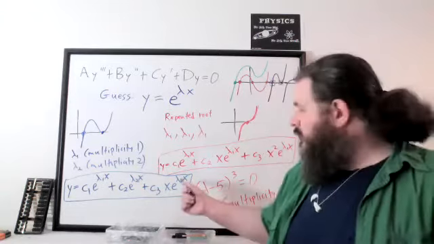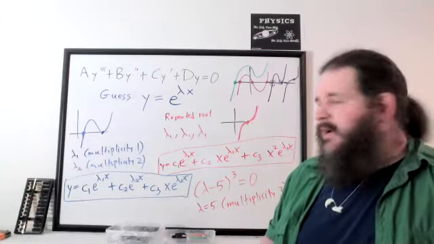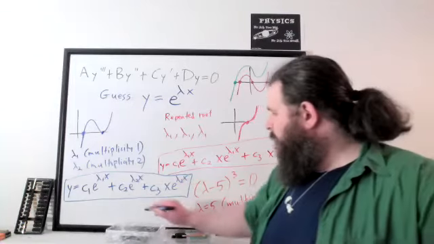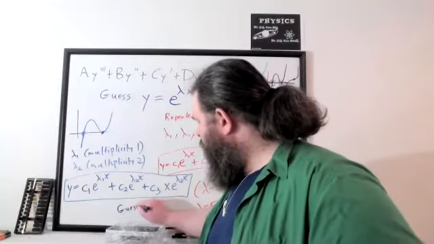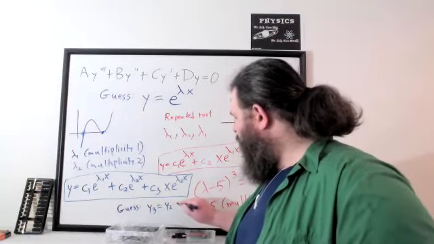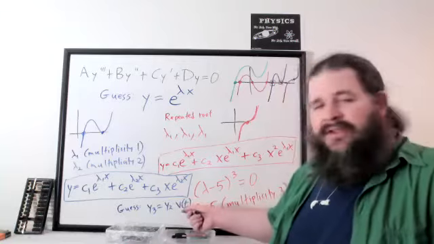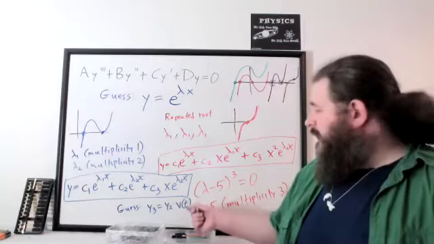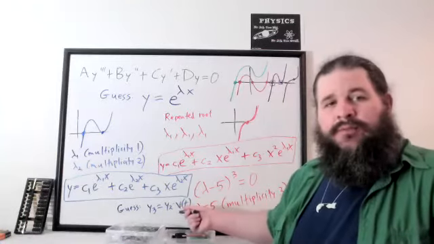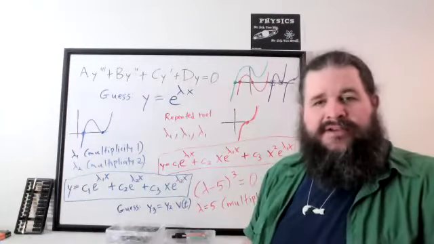So if you've got another solution and you don't know what it is, one way of finding that extra solution is by assuming that it is equal to the solution you already have times some unknown function. So you would guess, for instance, that y3 equals y2 times some unknown function, let's say v of t. And then to find out what v of t is, you would take all the relevant derivatives of this whole thing using the product rule, because it's a function times a function, and plug that back into the original differential equation.